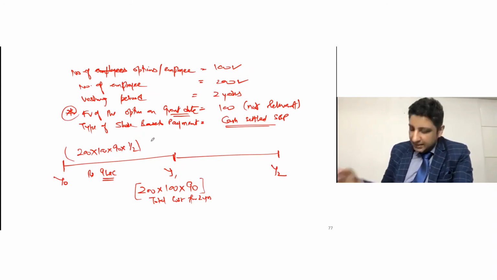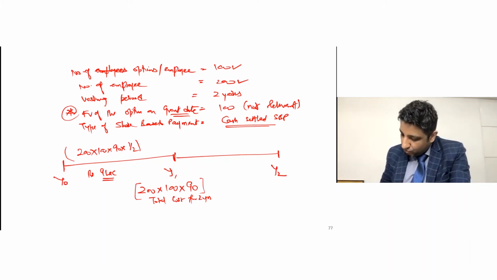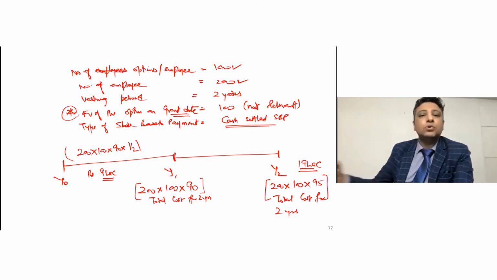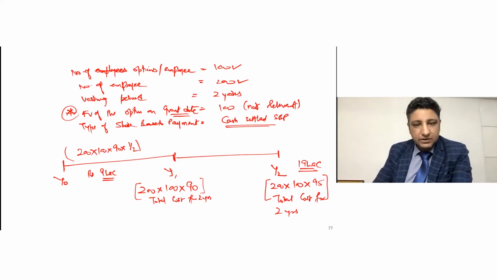Now, second part: when you go to year two, my total cost will be 200 into 100 into 95. So I again calculate the total cost for 2 years, which comes to, of course, 19 lakh. This is my cost as at the end of year two for year one and year two together.